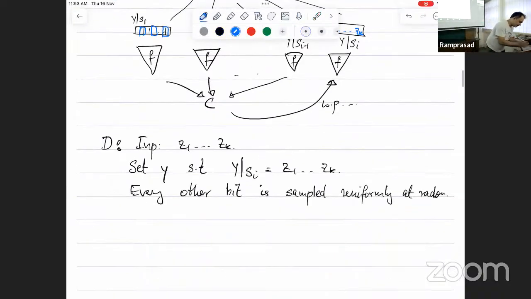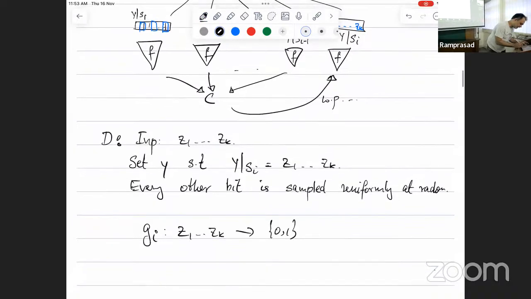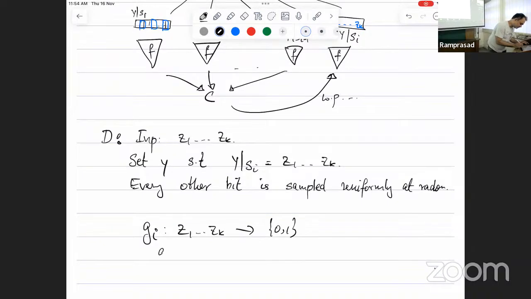I don't know what this function is, so I'm just going to define Gi from Z1 through Zk to 0,1. And this Gi is defined as follows: Gi of Z is equal to f of, maybe I have frozen these other bits y according to some values.